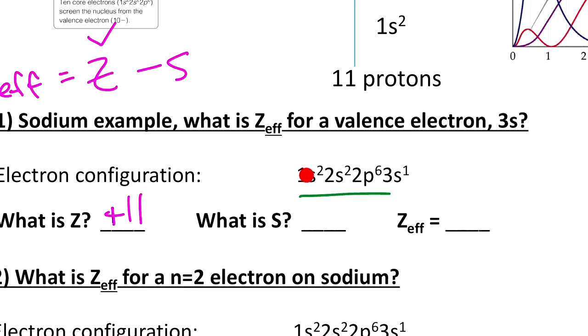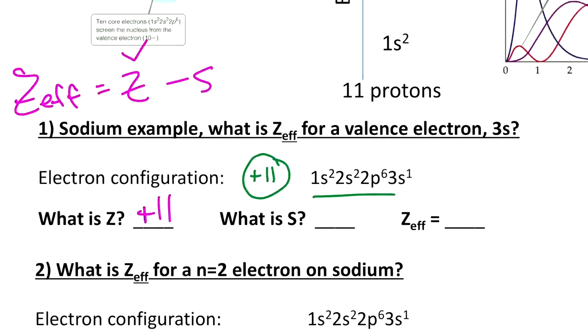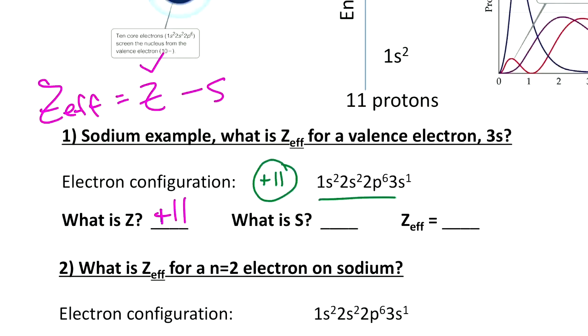1s. Okay, so these electrons are closest to the nucleus, so they're closest to that positive 11 charge. But right now we are focusing on the valence electrons, so we are sitting over here, on the outside, far away from the center stage. Now we just need to count how many electrons are between that 3s electron and those inner electrons.